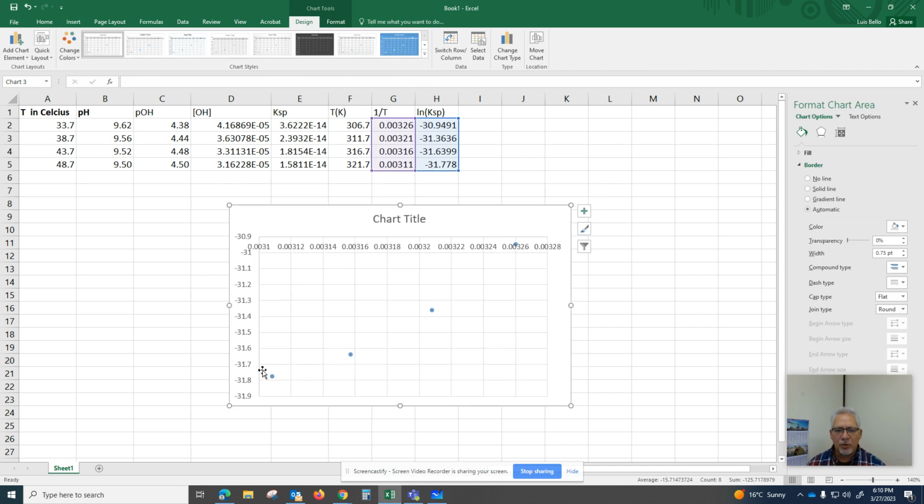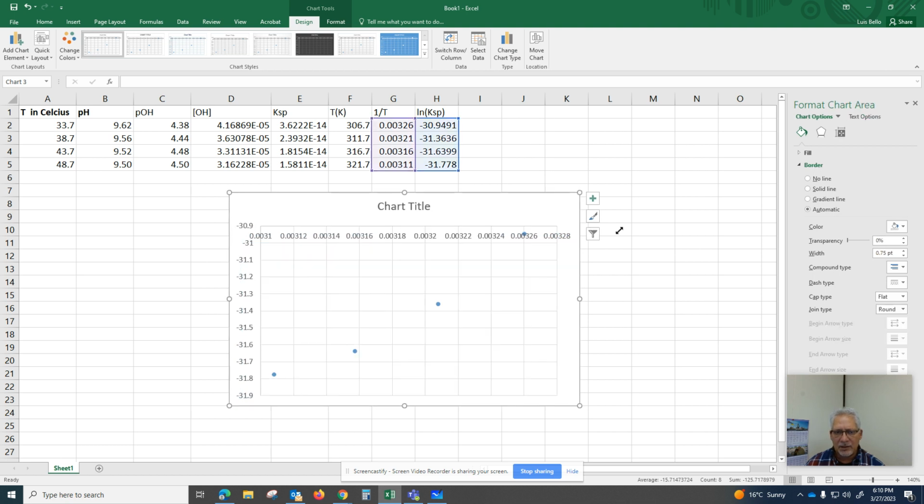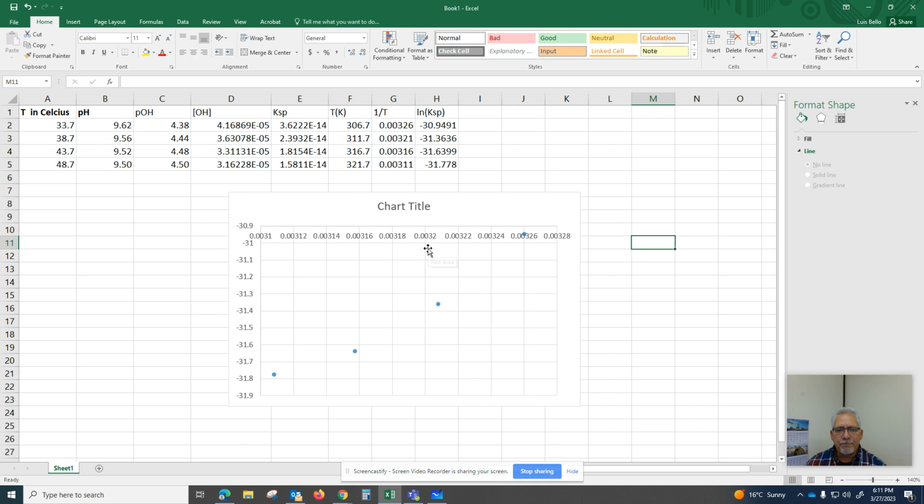You see that looks more like a straight line, not exactly a straight line, but on the y-axis I had the value of the natural log of Ksp, and on the x value, I had the 1 over T. I graph this one as x. This is my x, and this is my y value.